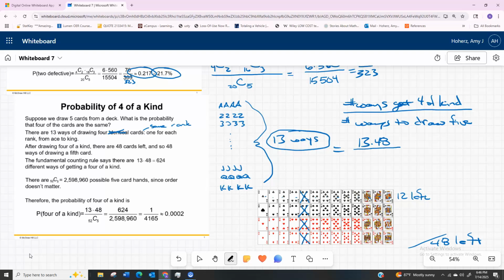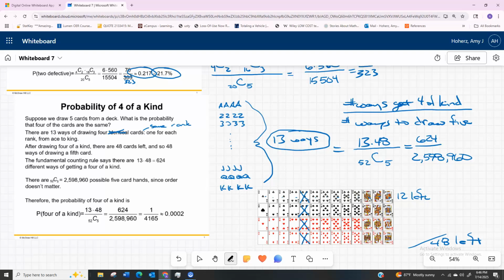And then the number of ways to draw 5, that's a lot easier to compute. We have 52 cards. Order doesn't matter, so we're doing a combination. So 52 choose 5. And that top number comes out to be 624. The bottom number comes out to be 2,598,960.